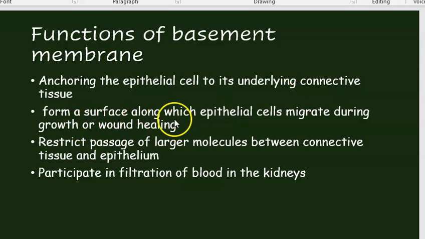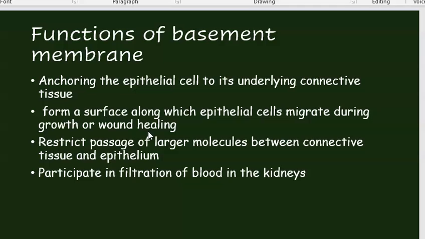It forms a surface along which the epithelial cells migrate during growth or wound healing. When something happens to the epithelial cells, the cells will undergo regeneration. And you know, the epithelial cells are having higher rate of mitosis because usually the epithelium is having a function of protection. So in surfaces where there is more wear and tear, usually the need for cell regeneration occurs.